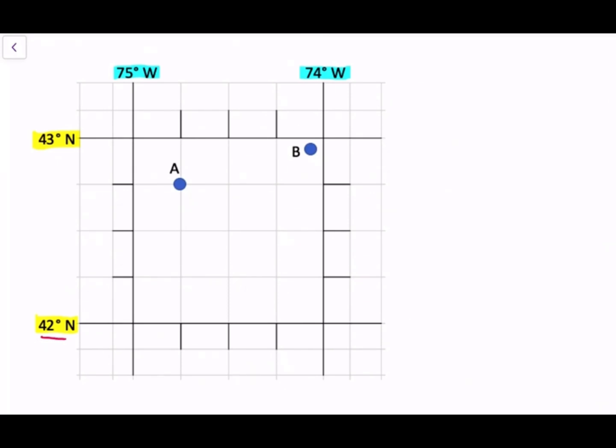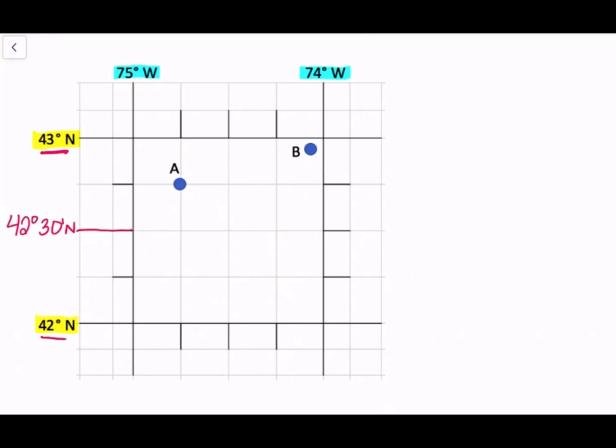So if on the bottom here we have 42 degrees north, and higher up we have 43 degrees north, well, in the middle between those two locations, so smack dab in the middle here, I would have the location of 42 degrees and 30 minutes north. That's right in the middle. It's easier usually to identify that 30-minute mark. Halfway between 42 and 43 is 30 minutes, just like 30 minutes on the clock is half an hour.